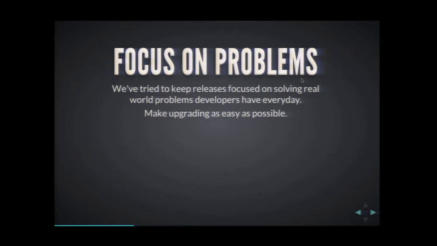We've also really been focused on making upgrading as easy as possible. If you tried to upgrade through the 1.x series, it was pain. Going from 1.1 to 1.2, it was a new framework. Going from 1.2 to 1.3, we broke a whole bunch of stuff. And then going from 1.3 to 2, we broke even more stuff. So we decided to change that and follow more of a semantic versioning system. If you go from 2 to 2.1, nothing should break.